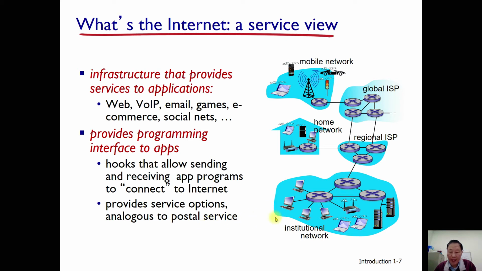When you are sending some mail to another household, that mail should be transferred through the postal system. That postal system is a kind of internet infrastructure. And we will learn about that analogous example later also. Okay, let's move to the next.